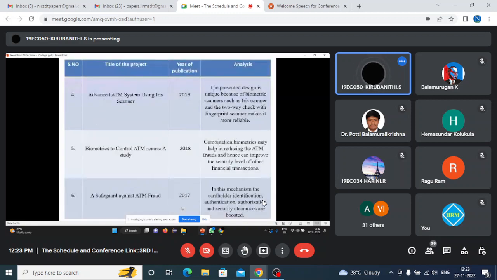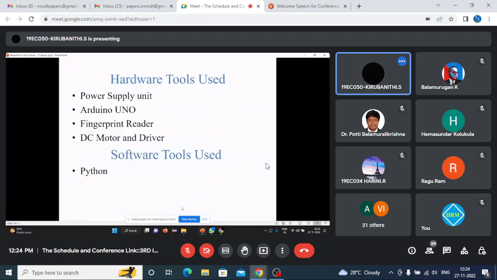The fourth one: the presented design is unique because biometric scanners such as an iris scanner and a two-way check with a fingerprint scanner make it more reliable. And then the fifth section: combination biometrics may help in reducing ATM frauds and hence can improve the security level of other financial transactions. And lastly, the sixth section: in this mechanism, the cardholder identification, authentication, authorization, and security clearance are boosted.